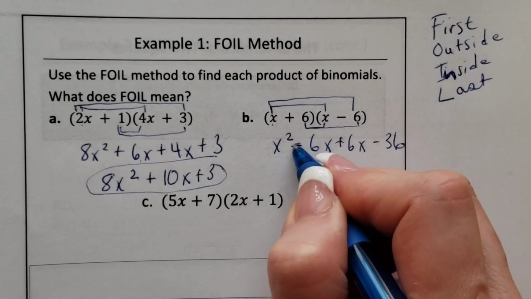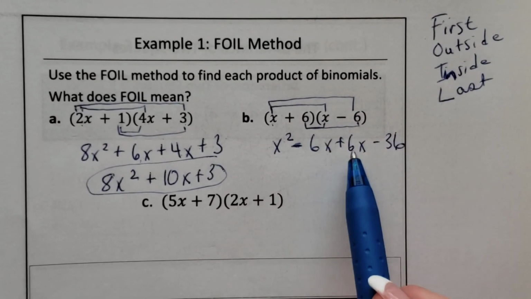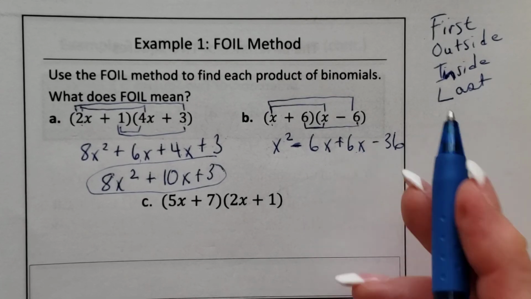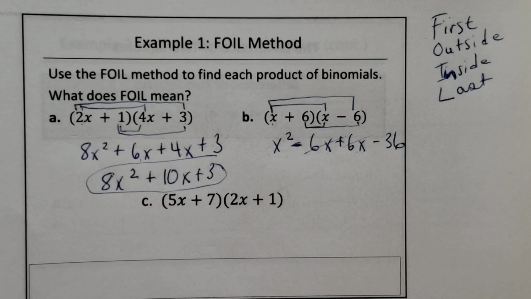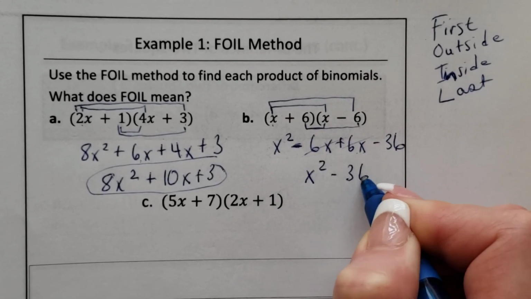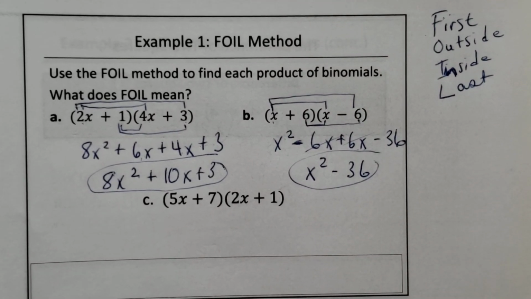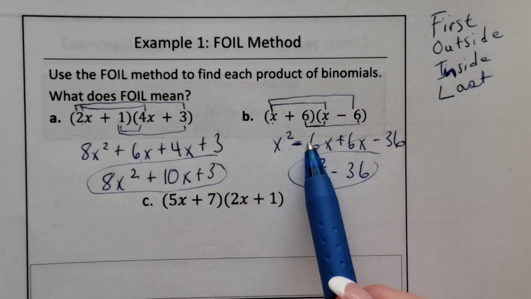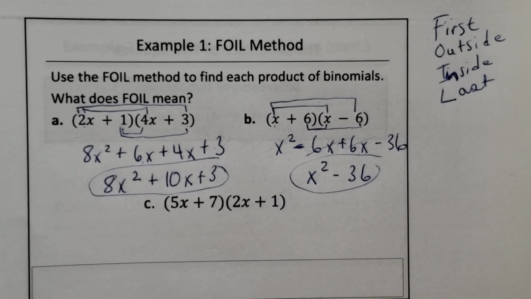Now, do you see that the two middle terms are always going to combine, but in this situation, they cancel each other out. They go away. So what we end up with is x squared minus 36. So that's why a second ago I said you always get a trinomial. That's not true because in this situation, the two middle terms canceled each other out.